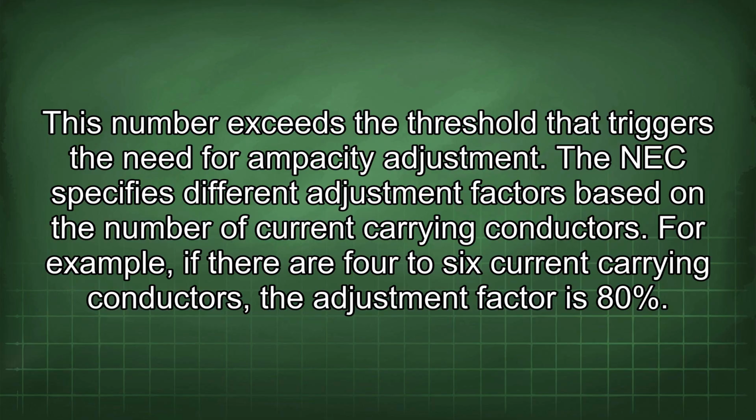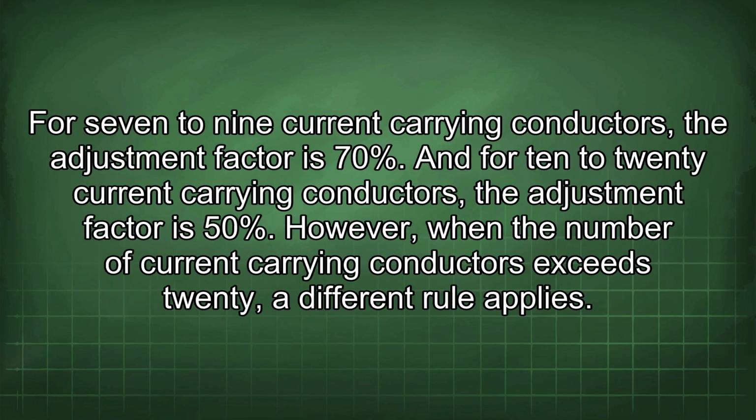The NEC specifies different adjustment factors based on the number of current-carrying conductors. For example, if there are 4 to 6 current-carrying conductors, the adjustment factor is 80%. For 7 to 9, it is 70%. And for 10 to 20, it is 50%.